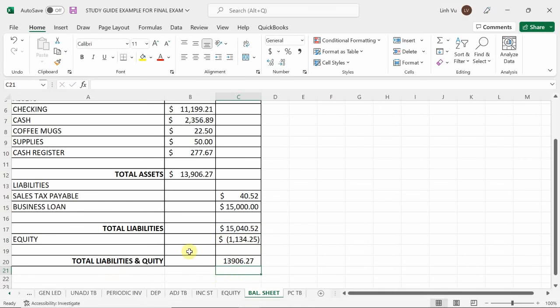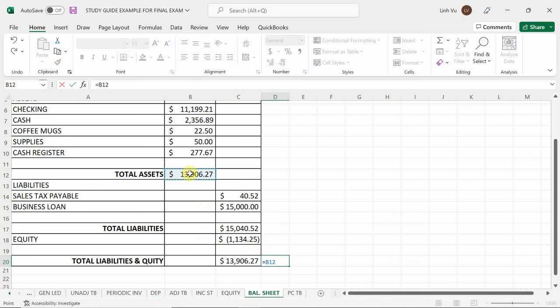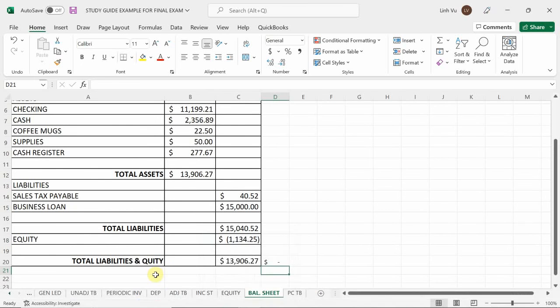That's correct. And is this matching your accounting equation? Does your assets equal your liabilities plus your equity? Yes. And they do, right? At 13,906.27. Good.